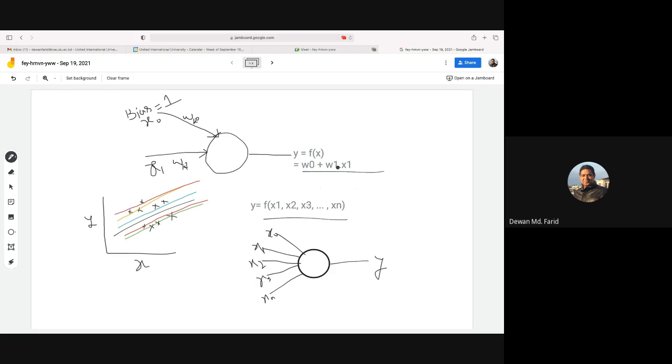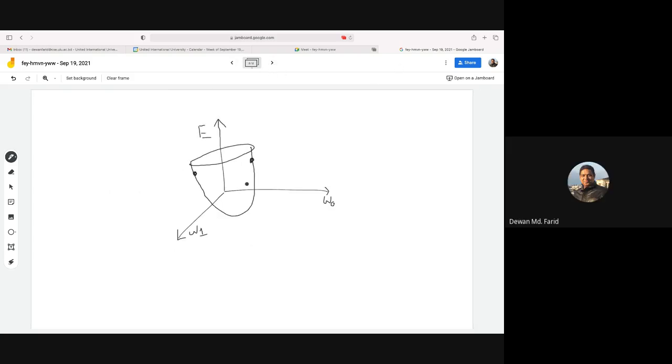This point is called the minimum error point.